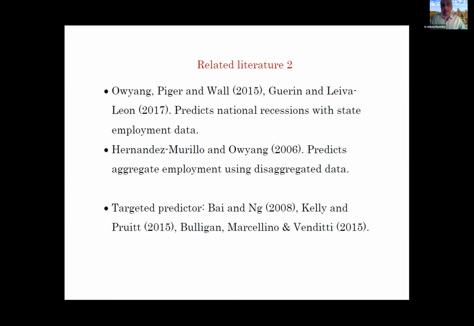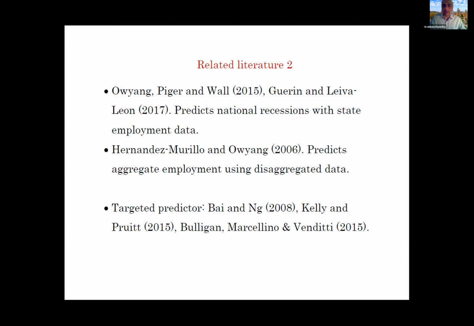These are univariate probit models that argue that state employment can be useful in predicting national recessions. Owyang and Hernandez-Murillo and Owyang also have a paper on aggregate employment using the same features. That's not probit, but it's on employment.